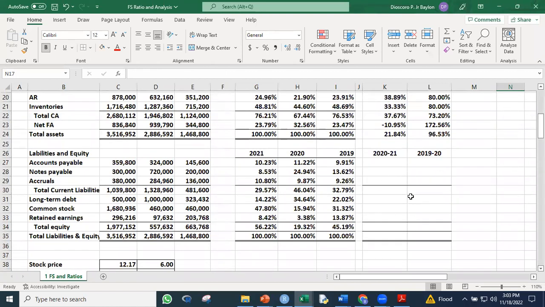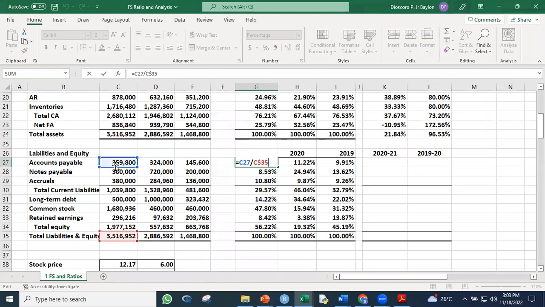The vertical. Okay. So dito, you start with this one. Di ba? It's your liabilities, or it's that specific account divided by the total liabilities. And then i-fix. Tapos i-copy to the right, and then copy down, or copy down and then copy to the right. Then format na lang.